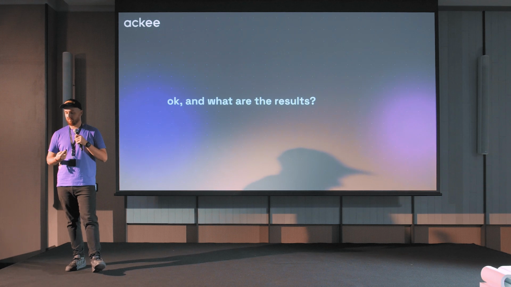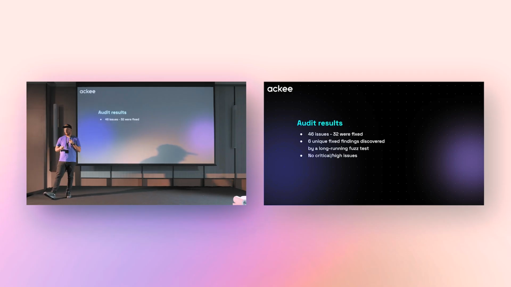So the results, if you ask: we had 46 issues, where 32 of them were fixed. What is interesting is that there were 6 findings which were discovered by a long-running fuzz test. Usually, when you are writing a fuzz test and also doing manual review, you find bugs with the manual review, or when you run the fuzz test, you find an issue in 10 seconds.